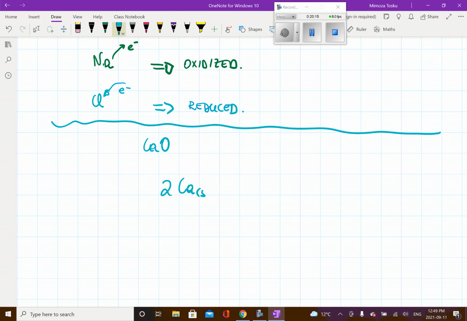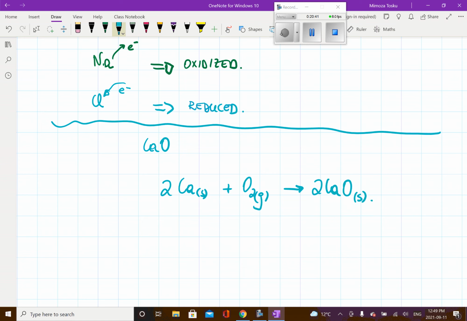Now I'm using the states of matter, unlike in the previous example, just so that you get the feeling of what it is and the logic standing behind it. So plus oxygen gas, which is O2, gives 2 CaO in solid form.